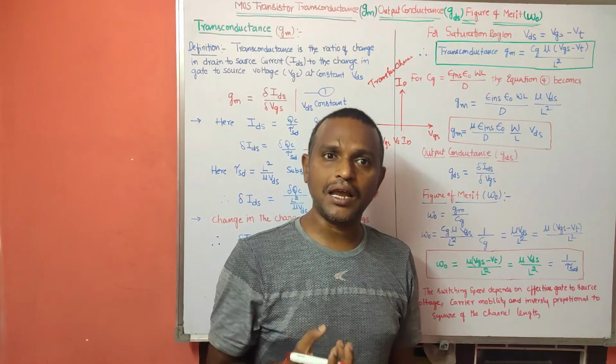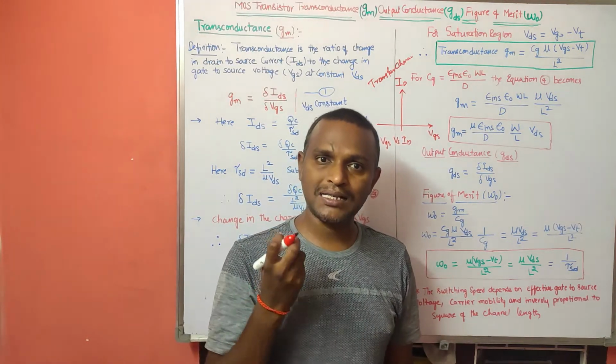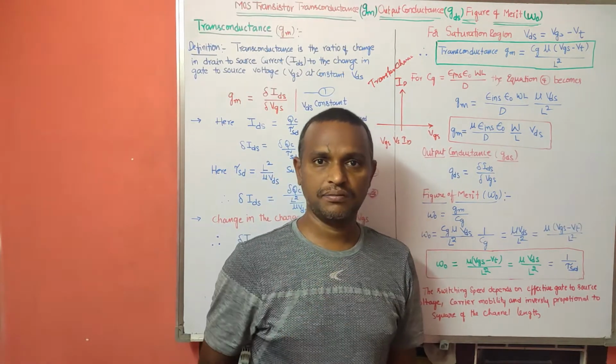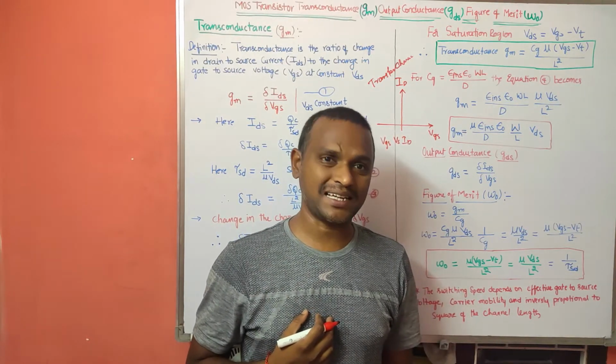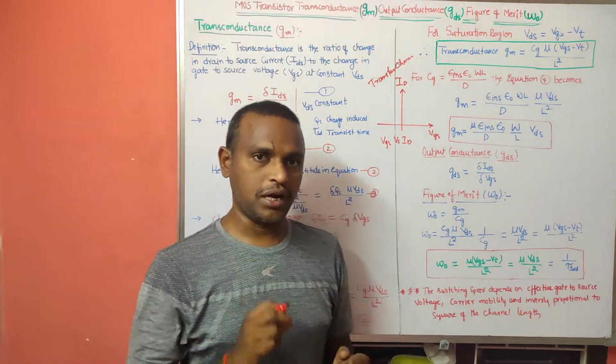But if you calculate the conductance value in the MOS transistor between VGS and ID, that is called transconductance. Here we have transconductance and output conductance.